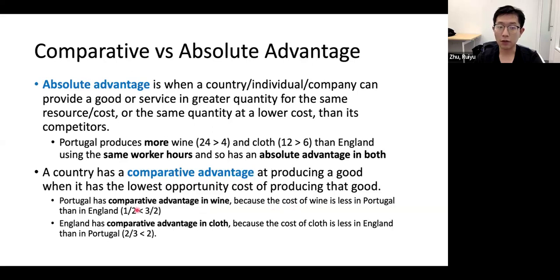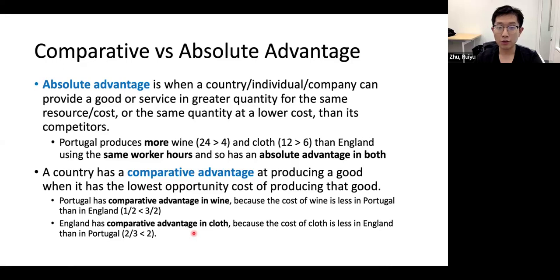So for Portugal, the opportunity cost for wine is 1 over 2. For England, it's higher, right? But we can see that because it's inversed. So we can imagine for England, they must have the comparative advantage in the other good, which is cloths, right? So England will actually have a comparative advantage over Portugal in cloths production, right?